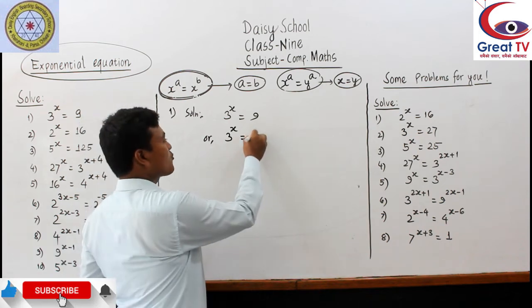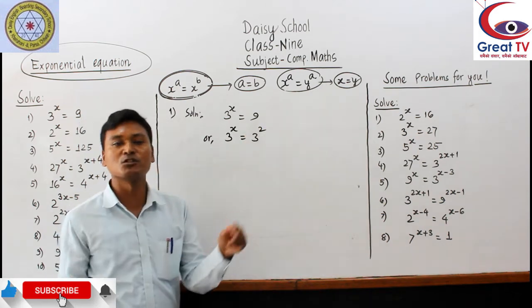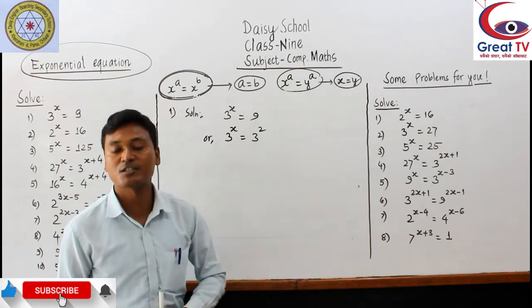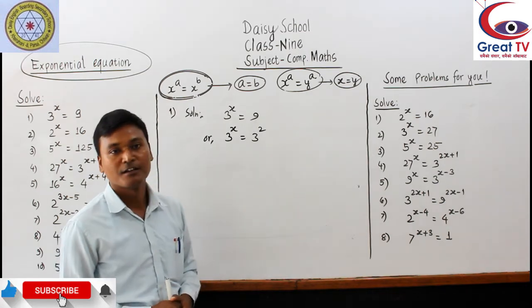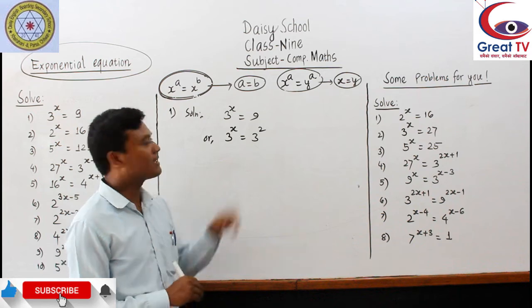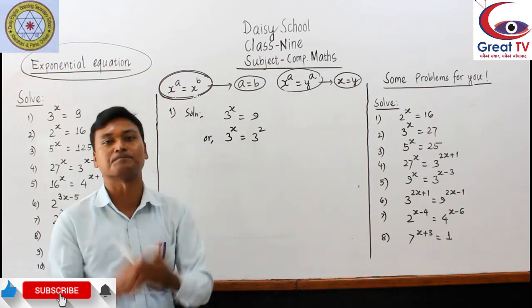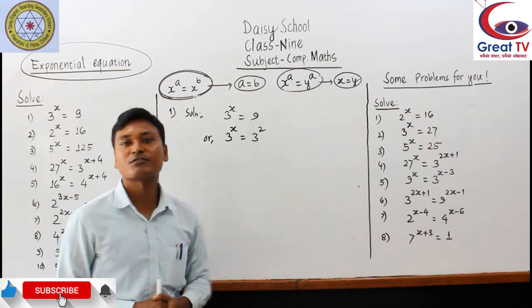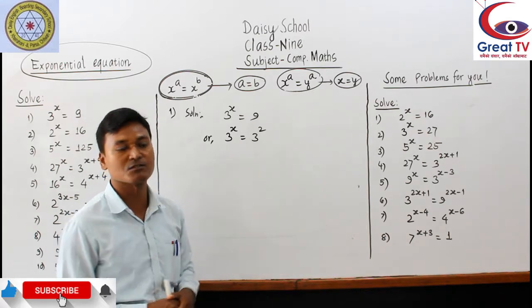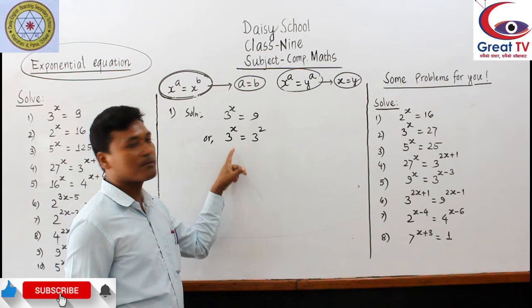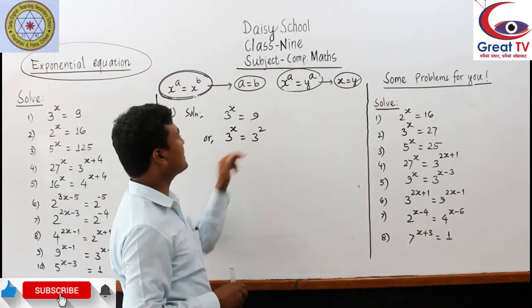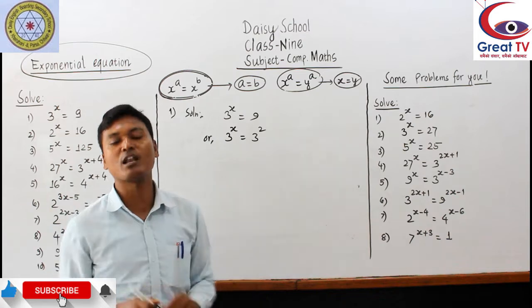So 3 square can be written. You can ask why we are writing 3 square on the right side in the place of 9. If we write 3 square, then only the bases will be same. To make same bases, we are writing 3 square in the place of 9, my dear students. So 3 to the power x, copy the same, 9 is 3 square. If you have 27, sometimes we have 3 cube to make equal bases.